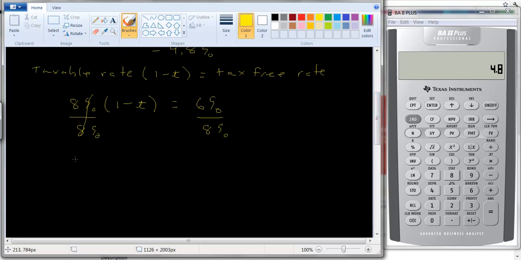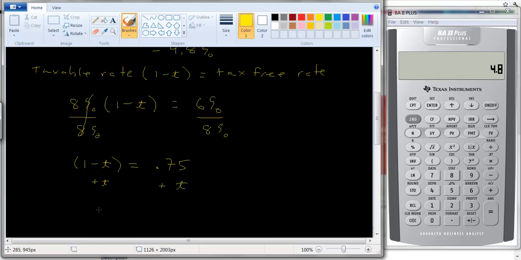And so we have 1 minus the tax rate equals 6 over 8, which is what, 3 over 4 is 0.75. Let me do it one step at a time. So let's add t to both sides. So plus t.